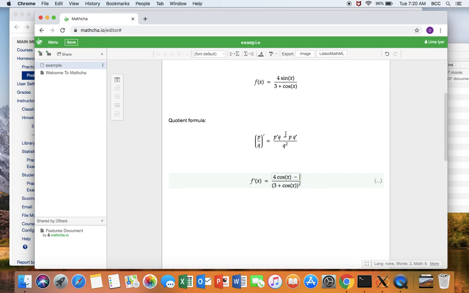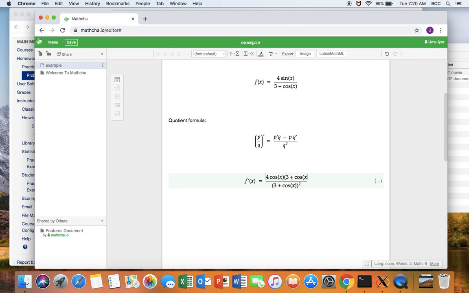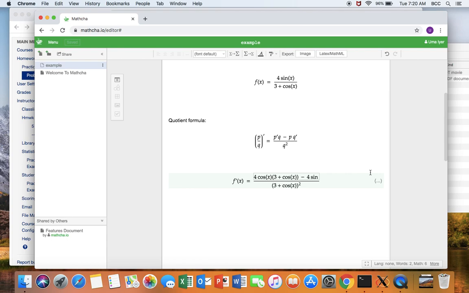That was a minus. Oh, I'm sorry, I forgot. The derivative of the top is 4 cosine x, and then I mustn't forget 3 plus cosine of x. That's the first part, minus numerator as it is, and now the derivative of the bottom.